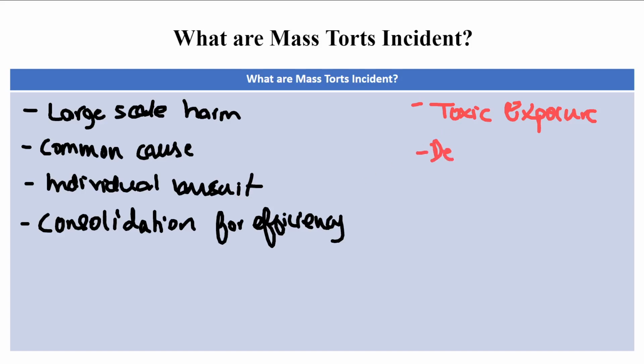Then we have defective product. So when a product such as a medical device or drug causes harm to many users, for example, the Roundup weed killer lawsuits against Monsanto are a prime example. Then we have pharmaceutical harm.